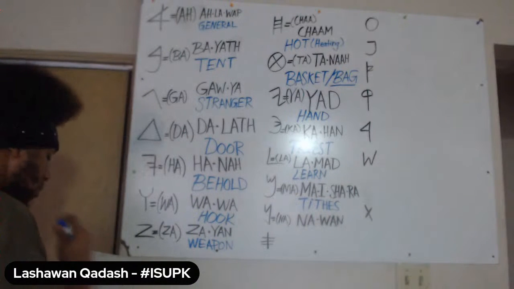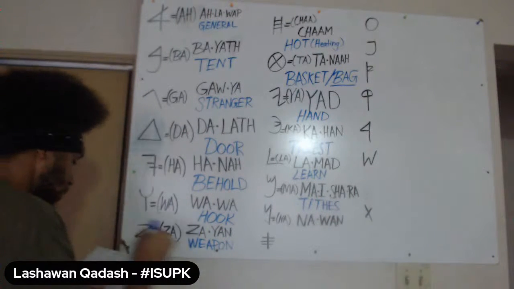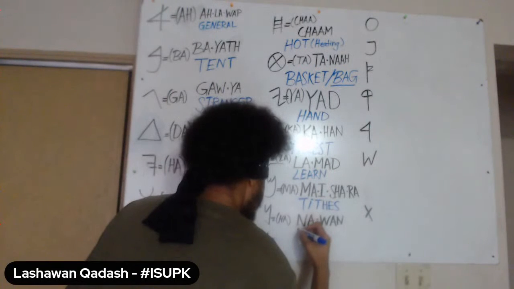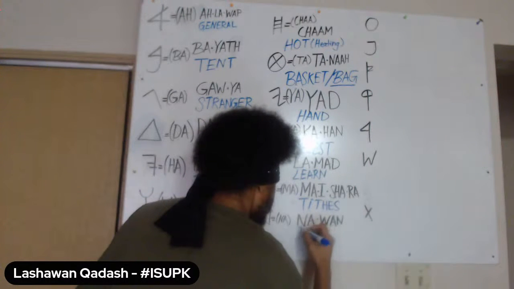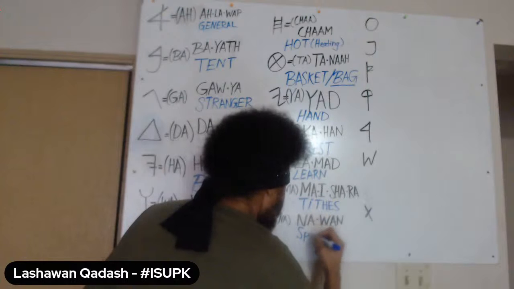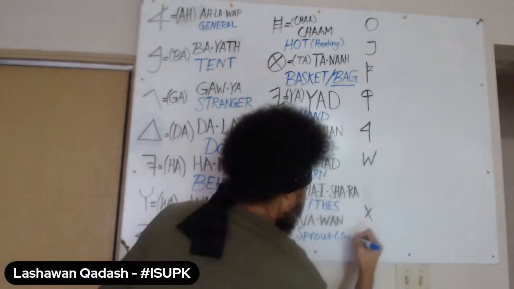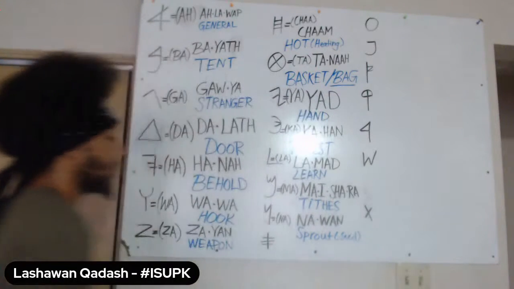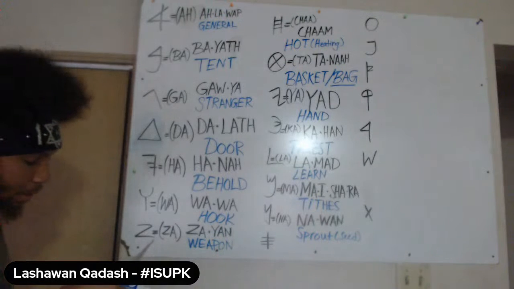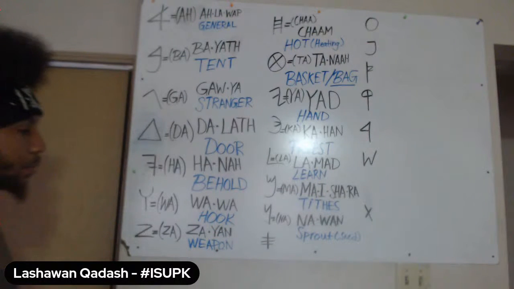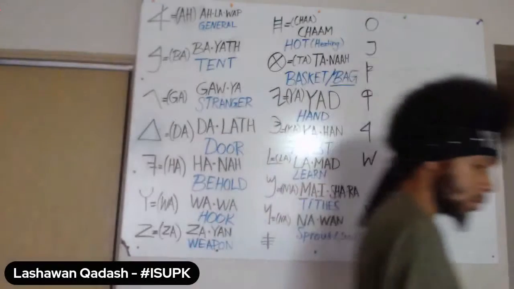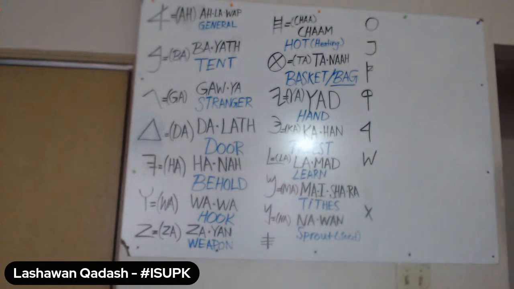So nawan means sprout. Sprout as in like a seed. So like when you plant something, right? When you plant something, it sprouts, it grows. So that's what nawan means, sprout or seed. Okay. Hopefully y'all can see that.